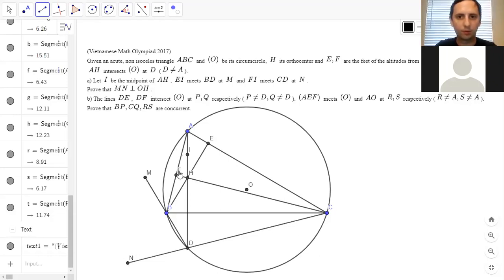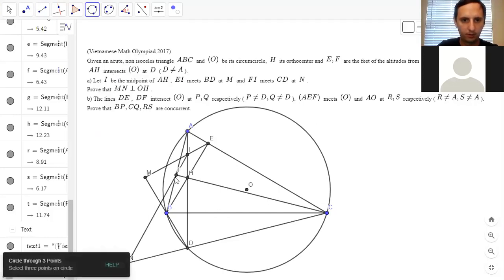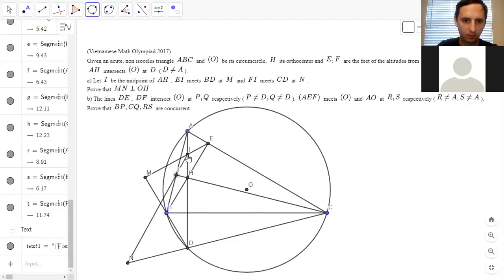This was EI and the other was FI. Okay, so let me draw the 9-point circle. So that's the circumcircle of EFI, right? That's our 9-point circle. And you're saying these both lie on the radical axis?